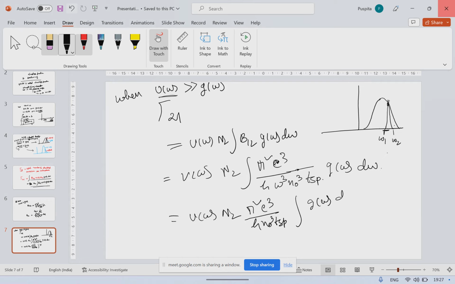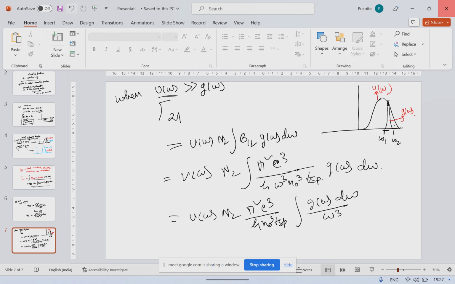It will be like this when U omega is broader than G omega. That is, spectral density is broader than the line shape function.